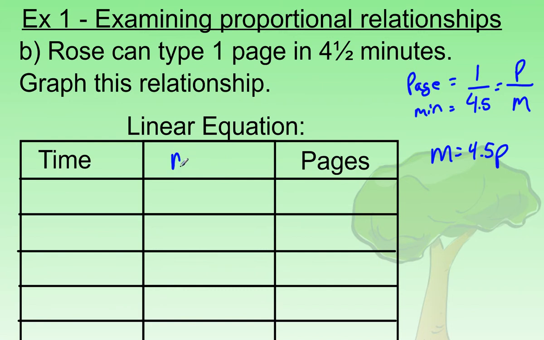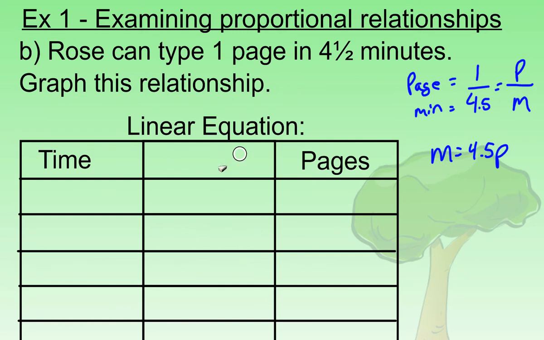So I'm going to throw him in there. Minutes equals 4.5 pages. Actually, I have this not quite the way I want it, because if I'm going to try to find the number of pages here, I want this to be P equals. So that's an easy fix.